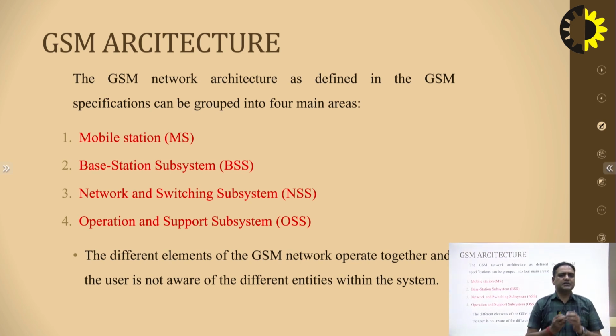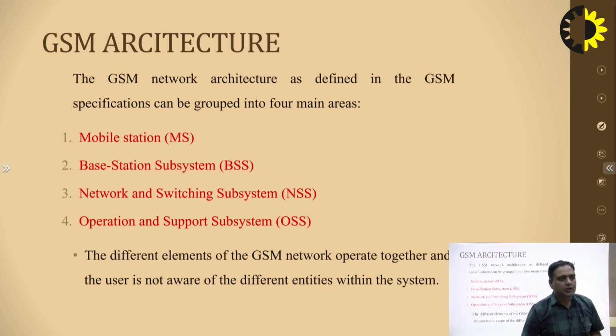It is a super domain of all the MSCs, known as NSS. BSS is a combined name for all the BTS and BSCs, the base station subsystems, and the smallest unit is the mobile station, MS, mobile equipment.